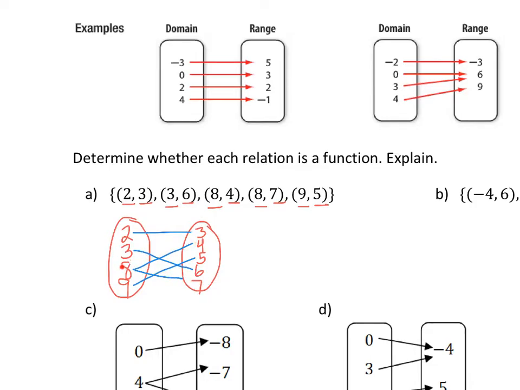Because this 8 value repeats, as shown here and here, it is not a function. And the proper explanation for this would be, no, it is not a function because 8 has two outputs. So let's go ahead and write that in. So again, no, 8 has two outputs.